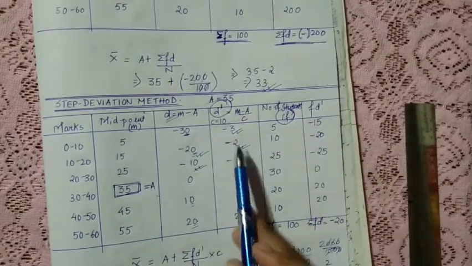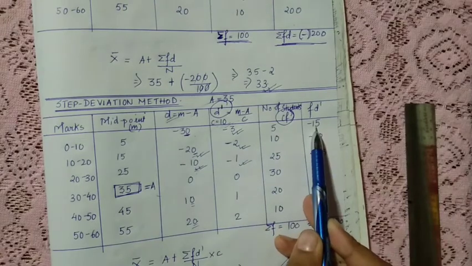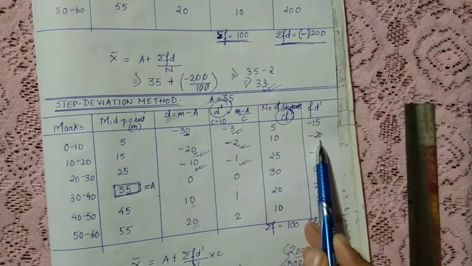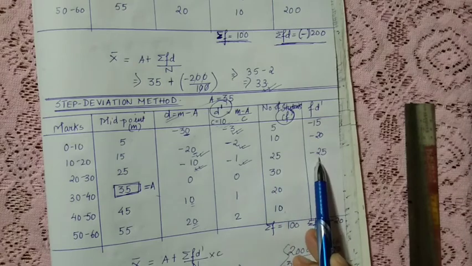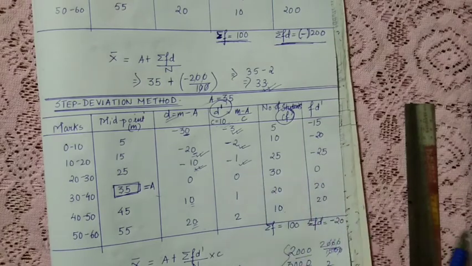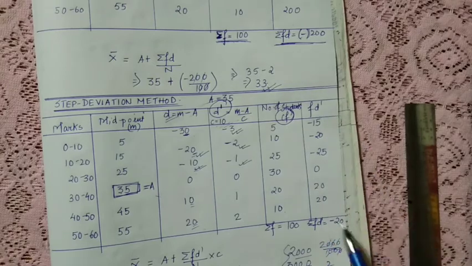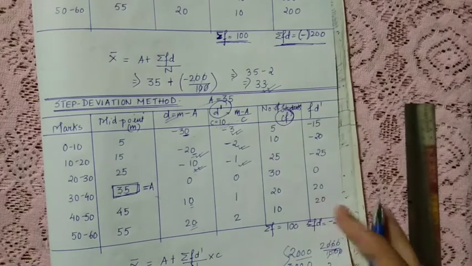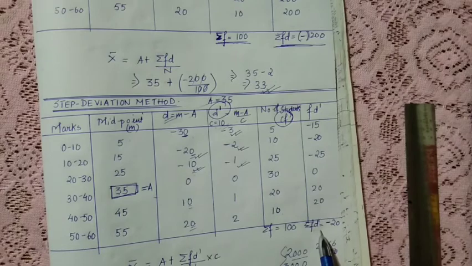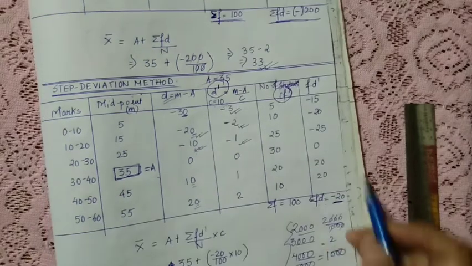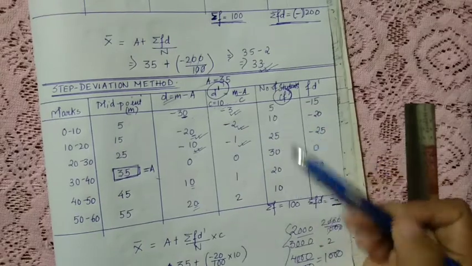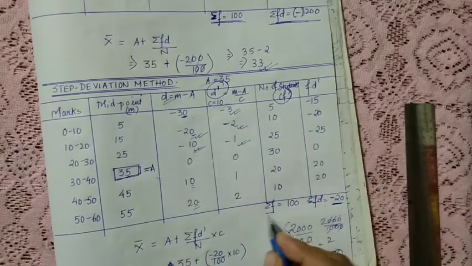Minus 3 into 5 is minus 15, minus 2 into 10 is minus 20, minus 1 into 25 is minus 25, and so on. Once you find all the values of fd dash, add them and you will get sigma fd dash, that is minus 20. Also add all the values of f, the frequency values, and you will get sigma f.